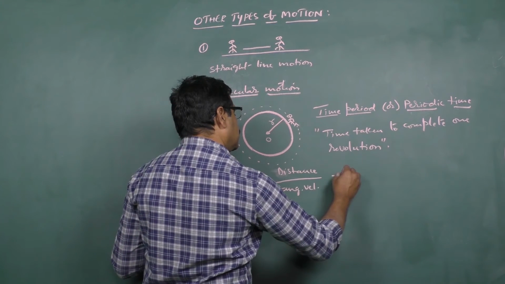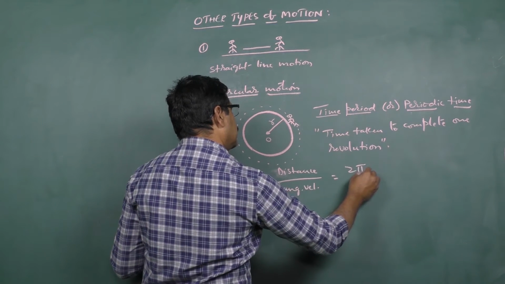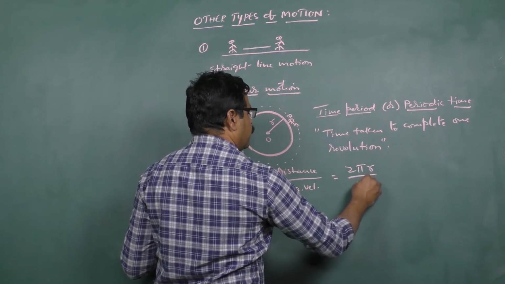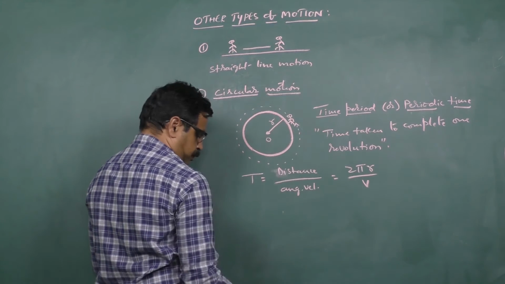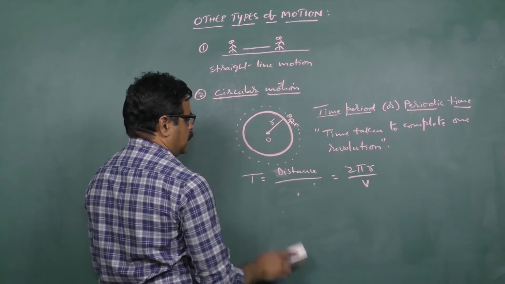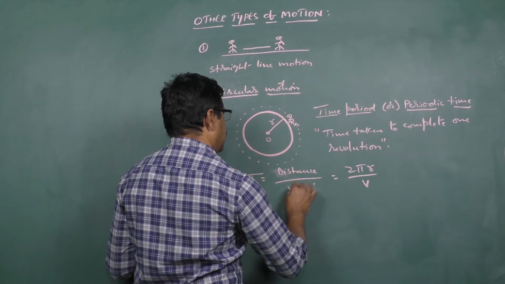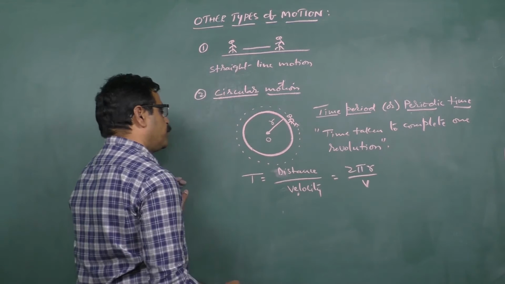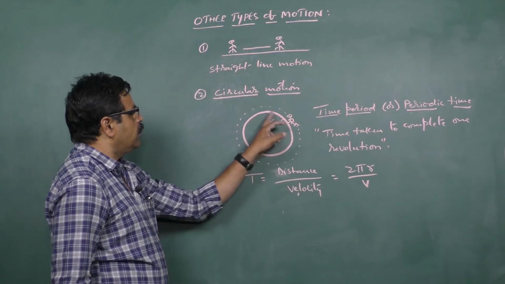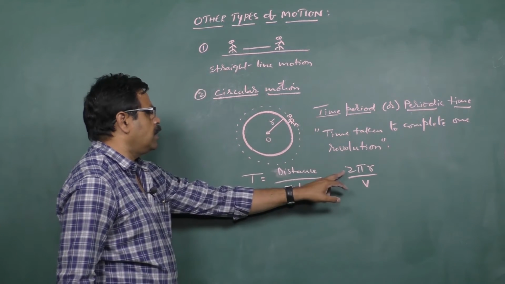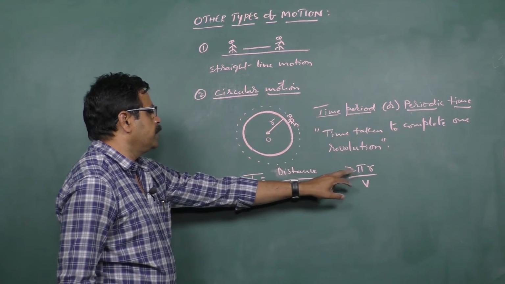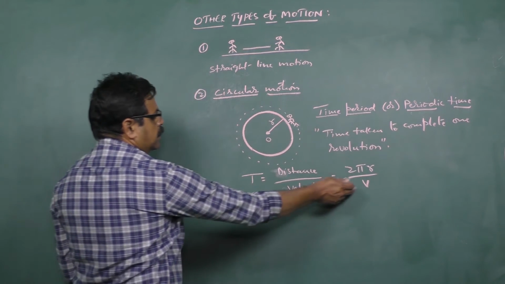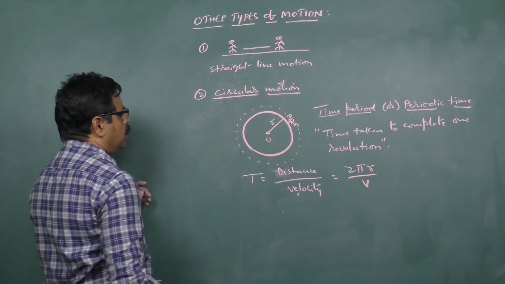So if it is moving along a circular path of radius r with a velocity v, then 2 pi r by v comes out to be the time period. This is how you can calculate the time taken to complete one revolution.